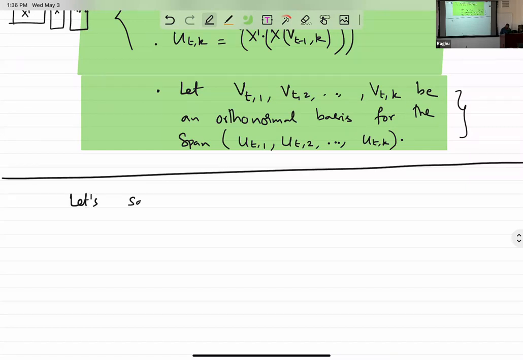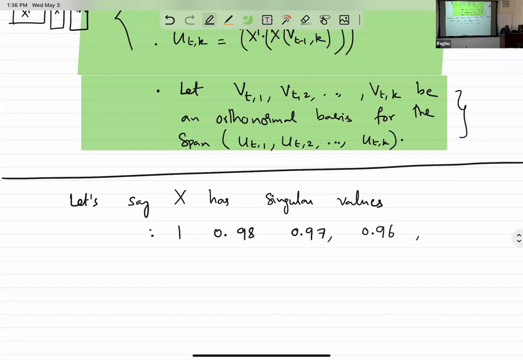So let's say X has singular values, and someone told you the singular values are 1, 0.98, 0.97, 0.96, and so on.